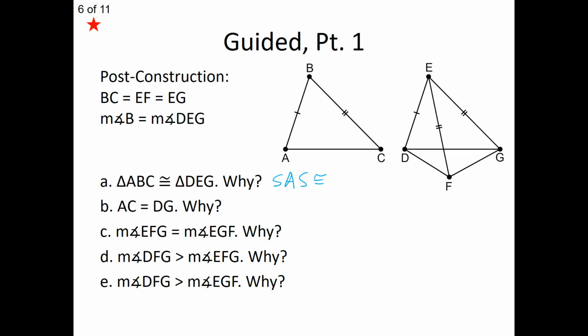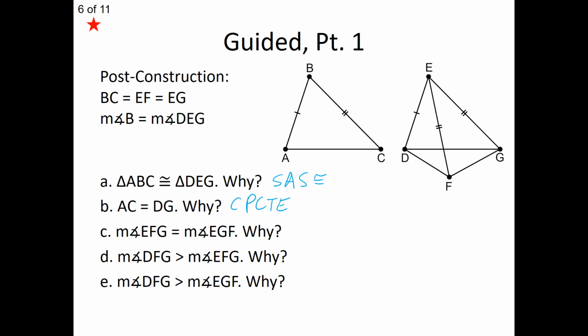Now, why is that important to us? Because I need to relate the side AC to a new segment that was formed on the other diagram, side DG. So I can claim that AC and DG are equal to each other by our good pal CPCTE. Now, where are we going? We're going to turn our attention onto a specific triangle, and then we'll be looking at comparing angle measures.